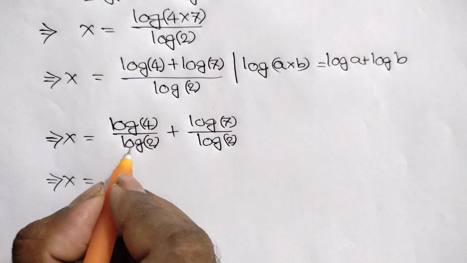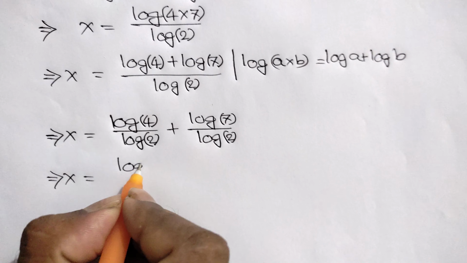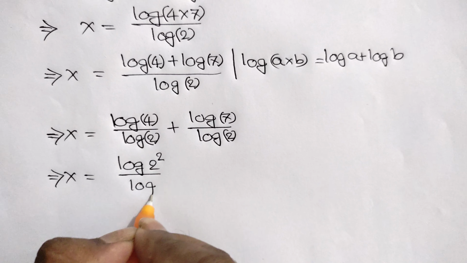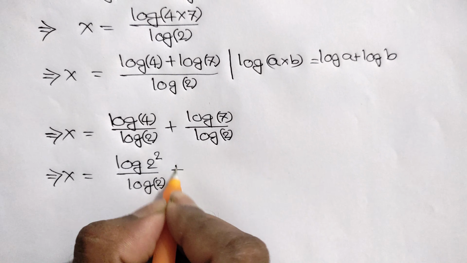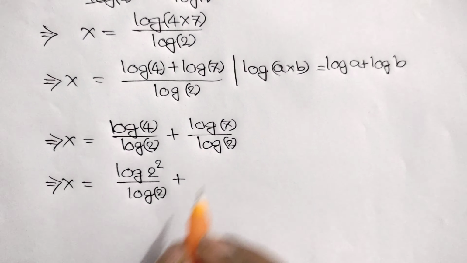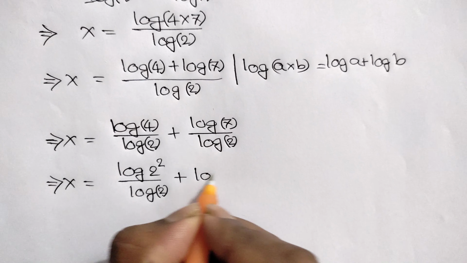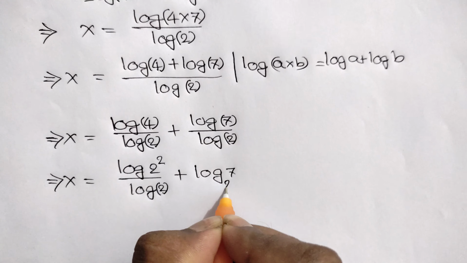or x is equal to log of 4 can be written as 2 squared over log of 2 plus, here we can apply the logarithm formula, we will get log of 7 base 2.